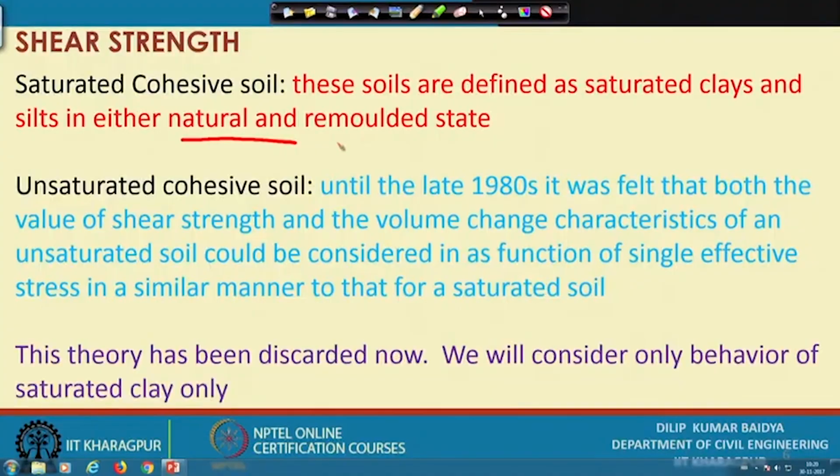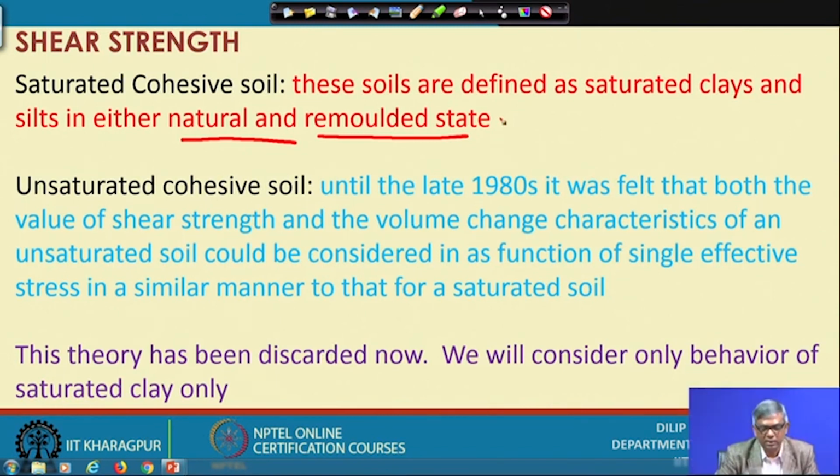When we understand saturated soil, and we understand that if there is a water table, then how the effective stress will be, etc. But with unsaturated soil, the behavior is completely different, which we understand now, but until the 1980s it was felt that both the shear strength and the volume change characteristics could be explained the same way as for saturated soil.